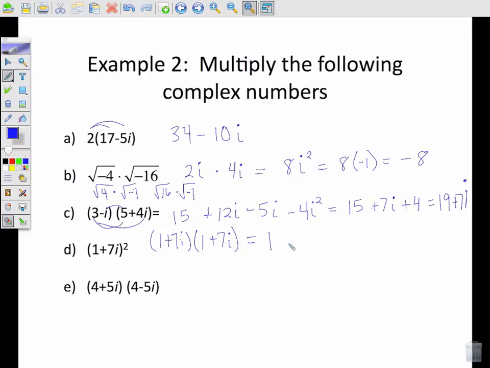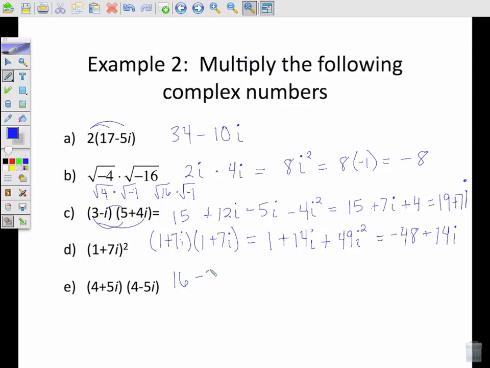This would equal 1, you have 7i twice, so that's 14i, and plus 49i squared. 49i squared would become minus 49. 1 minus 49 would equal negative 48 plus 14i. That would be all of our solving there.